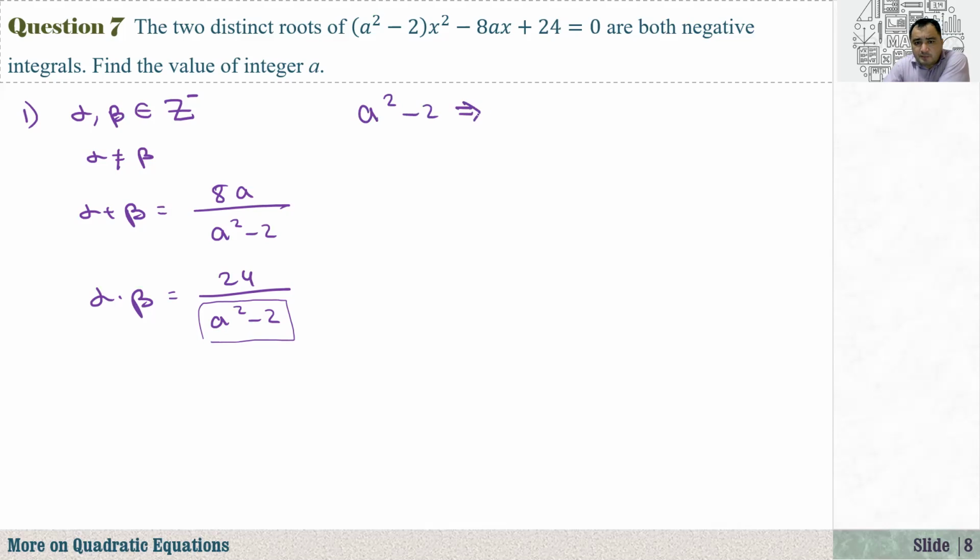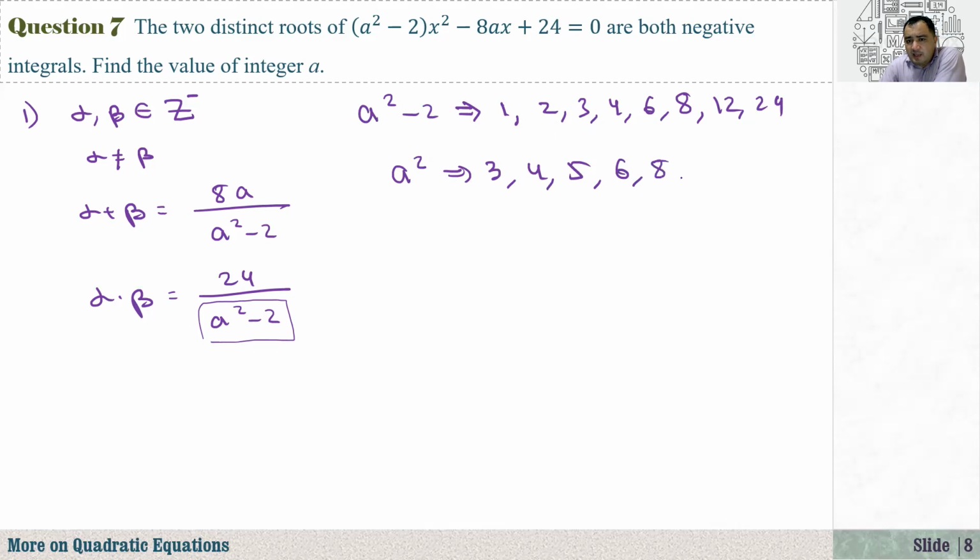They must be either 1, 2, 3, 4, 6, 8, 12 or 24. So if I add 2, what are the possible values of a squared? 1 plus 2 is 3, 2 plus 2 is 4, 3 plus 2 is 5, 4 plus 2 is 6, 6 plus 2 is 8, 8 plus 2 is 10, 12 plus 2 is 14, 24 plus 2 is 26, if I take 2 to the right-hand side.